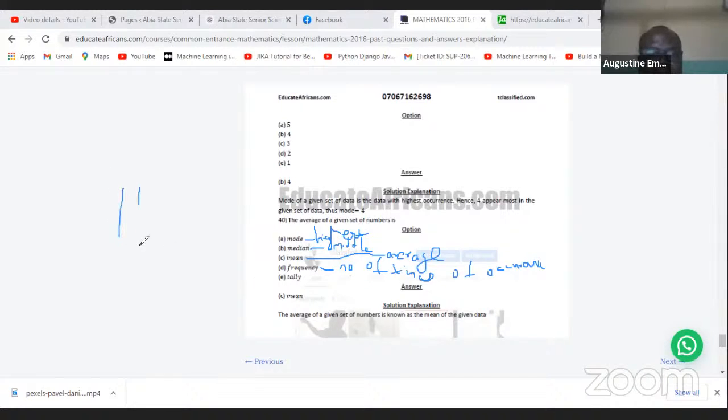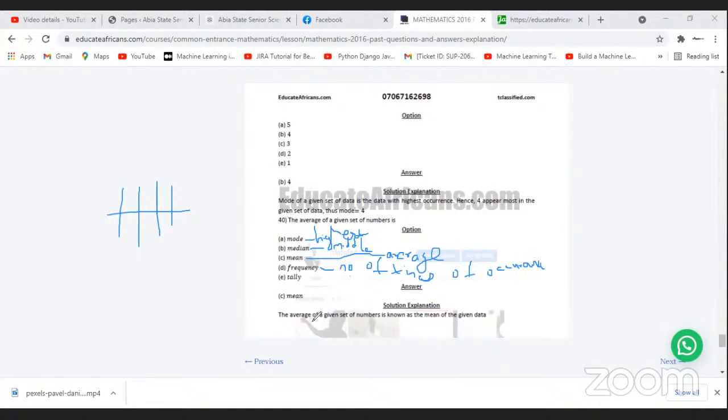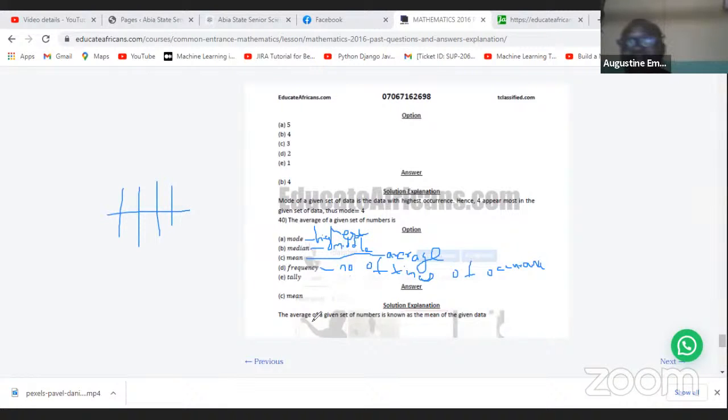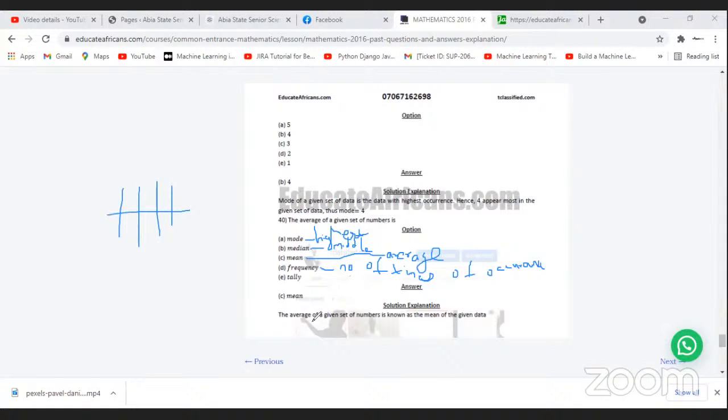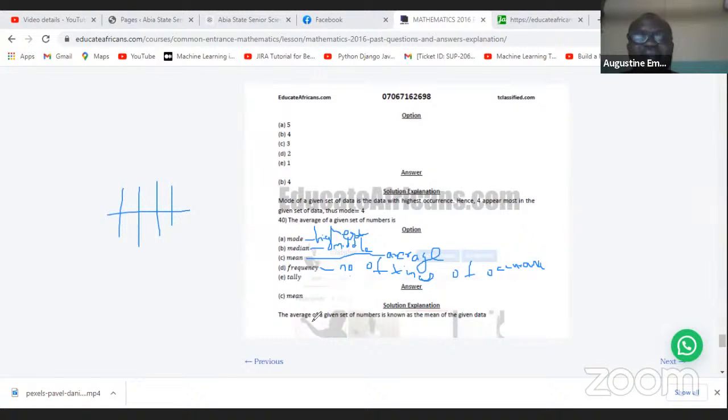This is what we call tally. You just pick some numbers, like this represents 5 occurring 5 times.